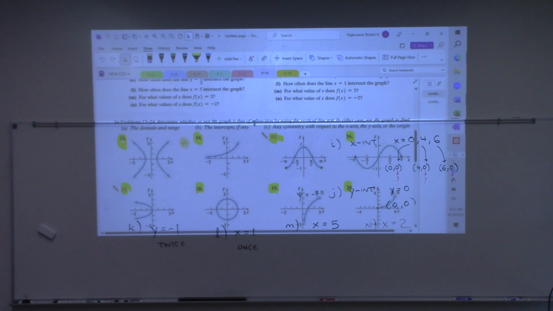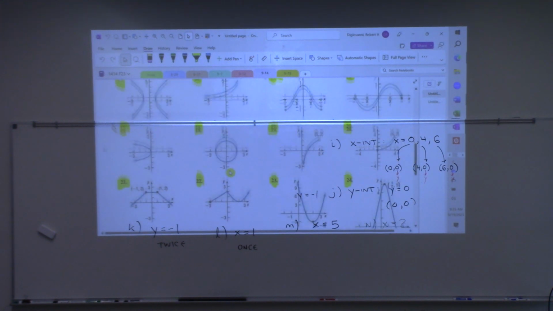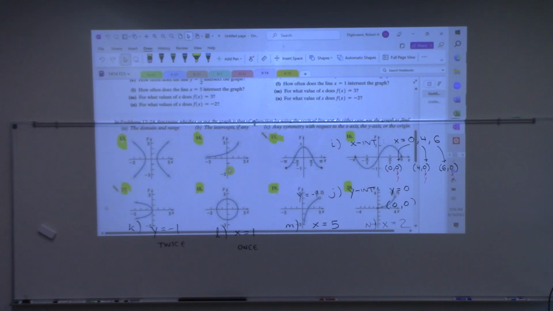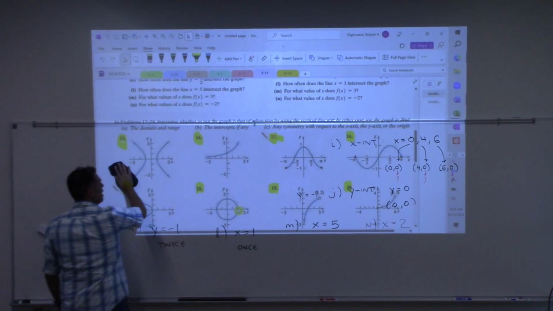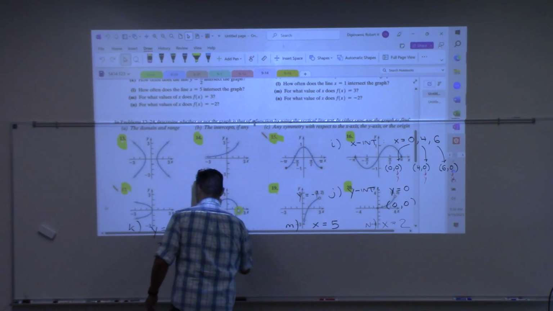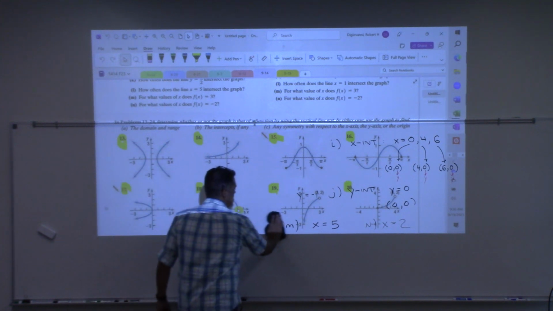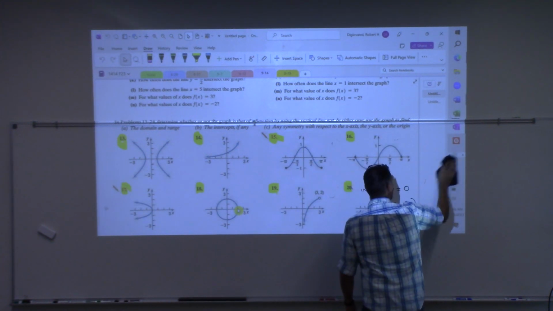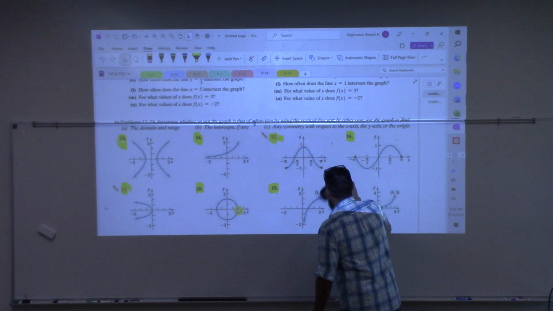Okay, the next thing we're going to do here is you're supposed to do all of these problems right here. So what I'm going to do is try and do the evens. And again, I apologize that this is not the best projection, but it's what we've got to work with. It's better than me drawing all these graphs one by one.